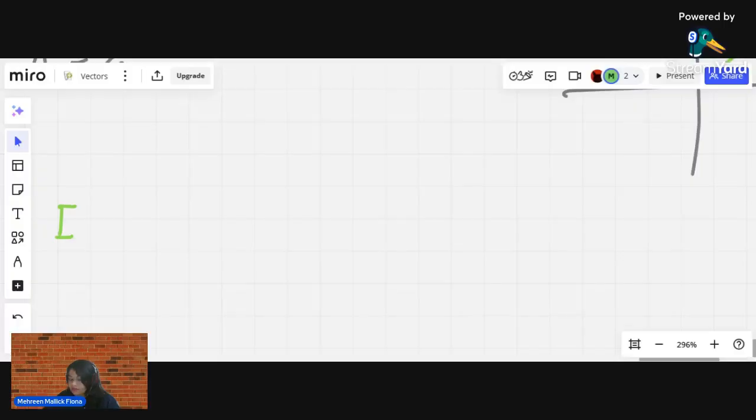I'm going to explain it with a matrix because we are familiar with matrices and their multiplication. Let's not do 1, 2, 3. Let's do 2, 4, 1, and another vector 3, 5, 2.